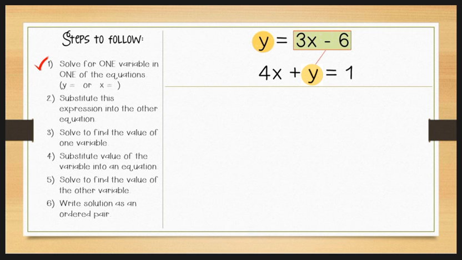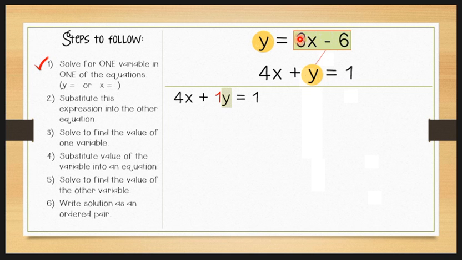So let's see what that will look like. Just recall here that the coefficient of our y is 1. If we had a coefficient of 2 or another value, that would impact how we substitute that expression in. So just be aware that the coefficient of our y here is 1.